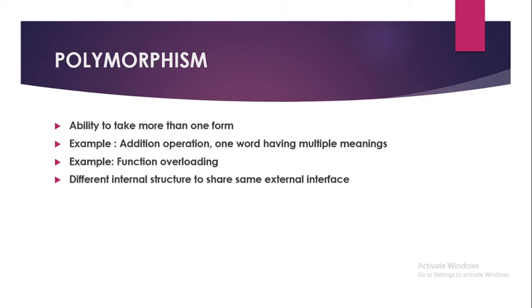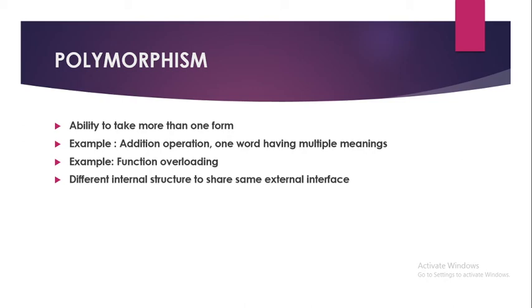Different internal structure can share the same external structure, just as I gave four types of objects and the go command. Depending upon the type of object or instance, I get a different result. The external structure is the same: my command was go.